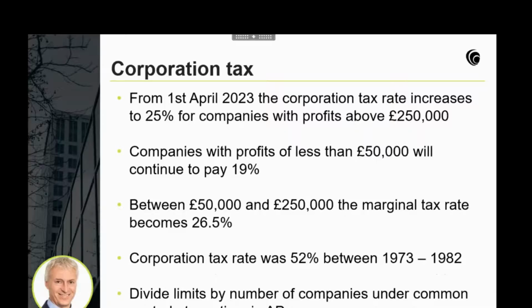Corporation tax, as James has already said, companies pay corporation tax and not income tax. Currently that's 19%, but it's changing on 1st of April 2023 to 25%.